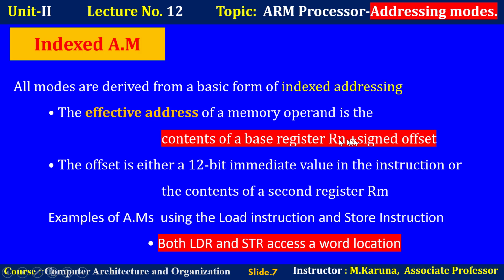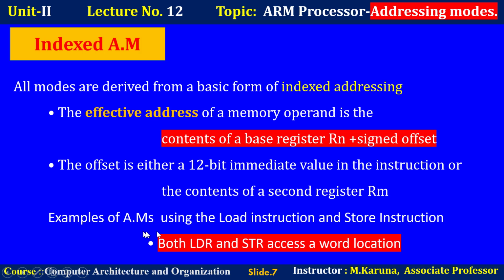So here the data can be placed at an address that is the combination of the offset address and the content of base register Rn. Rn may be R1, R2, R3, etc. Next, the offset is either a 12-bit immediate value in the instruction or the contents of a second register Rm.